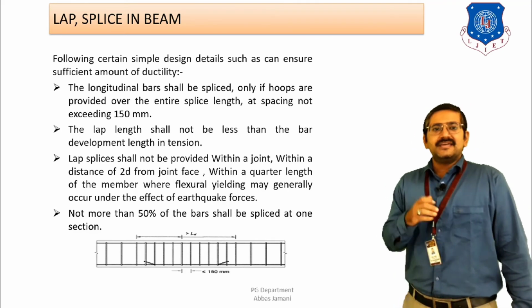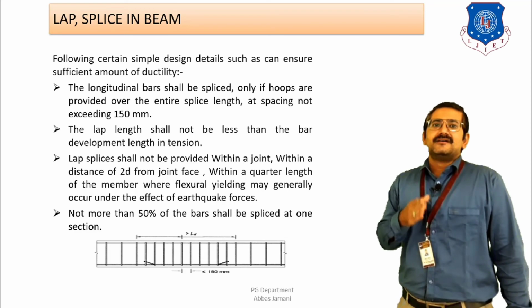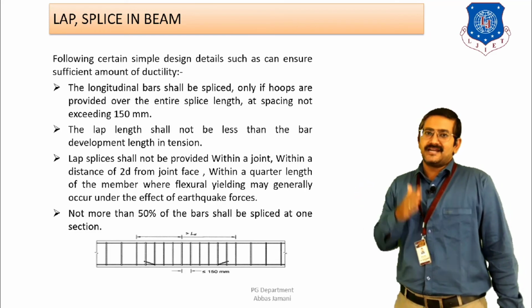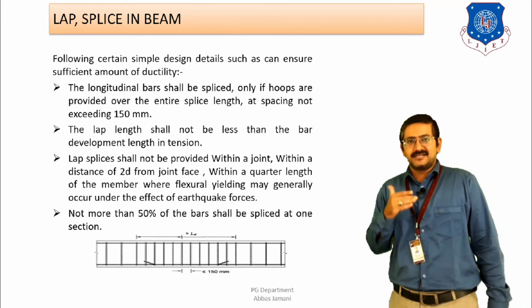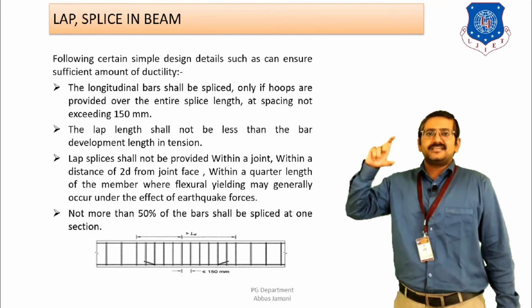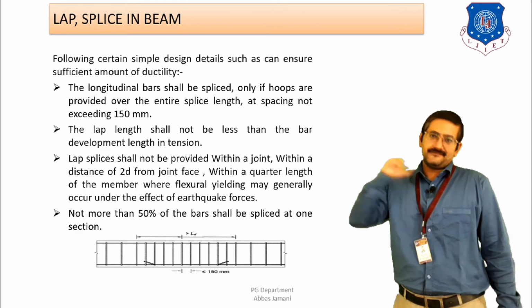The longitudinal bars shall be spliced if the hoops are provided over the entire splice length, and the maximum spacing is 150 mm. That is, if splicing of bars is done, then in that entire region of the splice length, the spacing of the stirrup should be closed, and the maximum spacing should not exceed 150 mm.